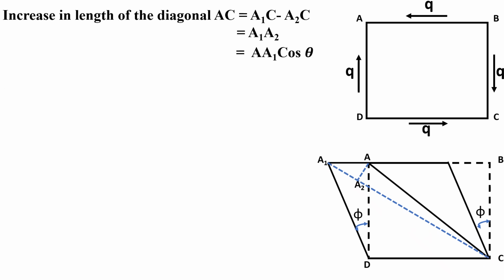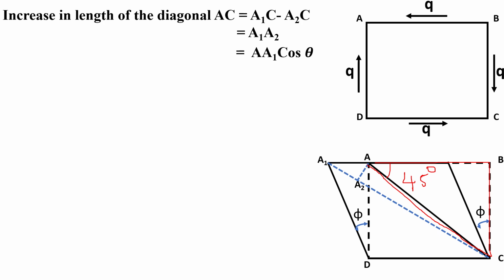Next we will determine the cos theta value. For this we consider the right angle triangle BAC. Here BAC is a right angle triangle and the angle between AC and AB is equal to 45 degrees, because the inclination of the diagonal in the square block is 45 degrees.